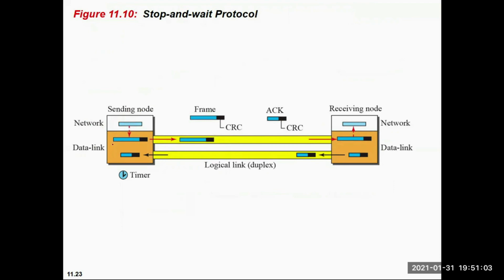Data will be transferred to the data link layer, and at the data link layer, a frame will be created. During the creation of frames, CRC will get added to those frames. After completion of the frame with CRC, it gets pushed into the network.